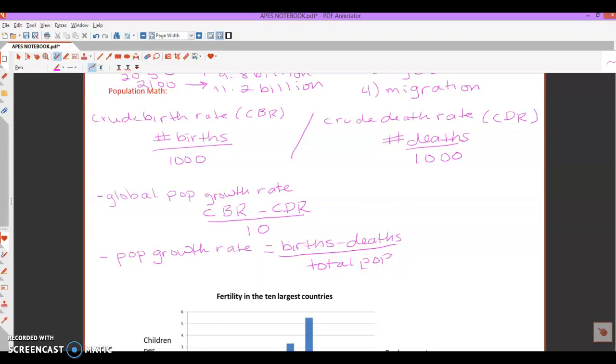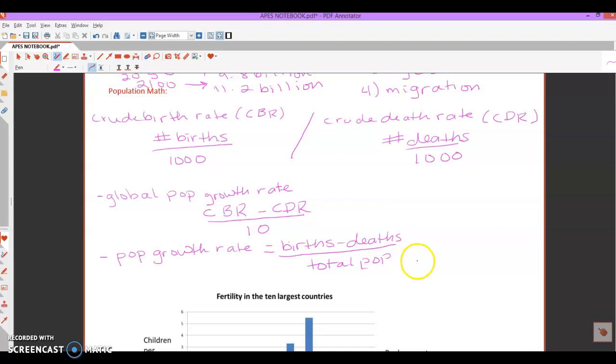Okay, so this is how we would calculate the population growth rate for the United States, for example.